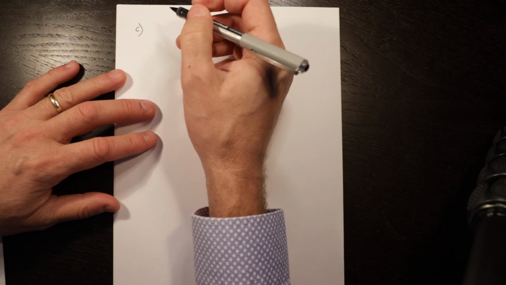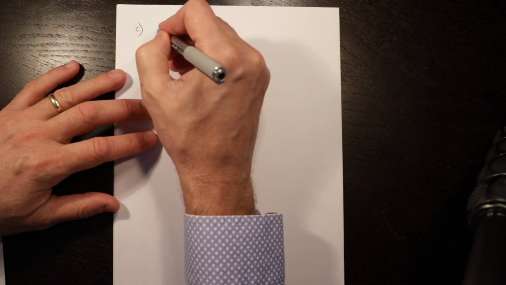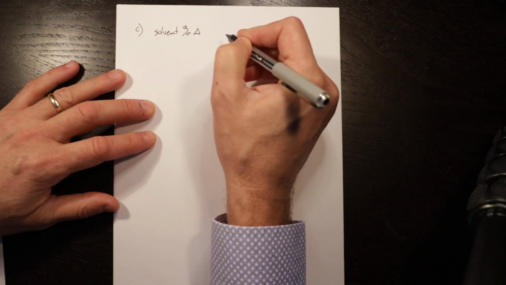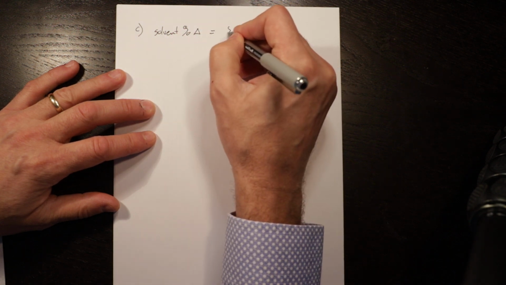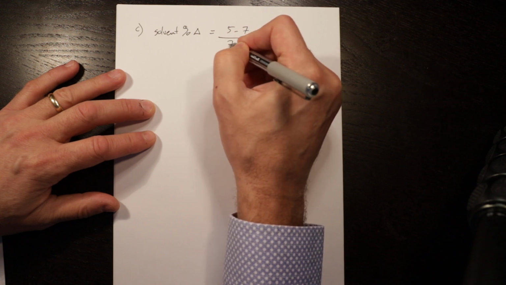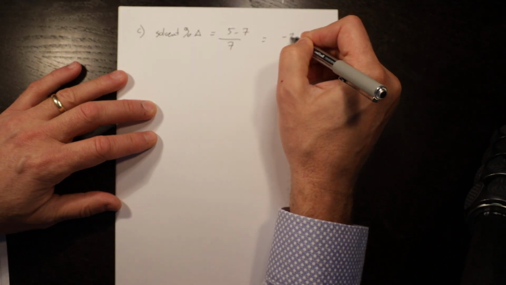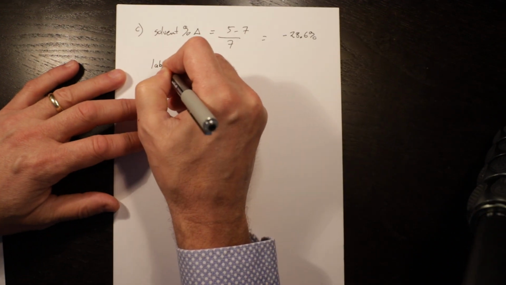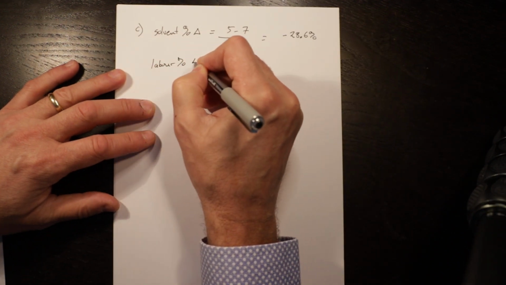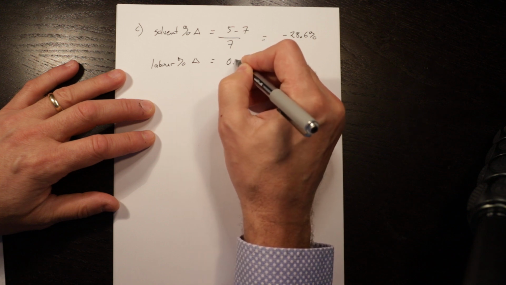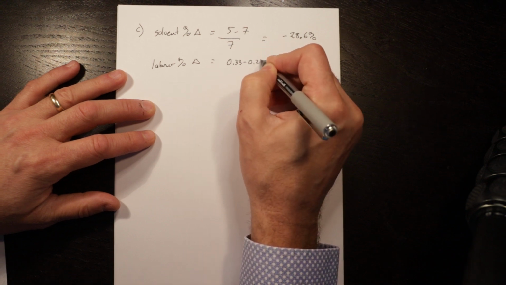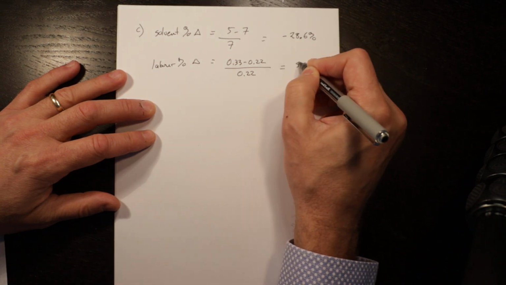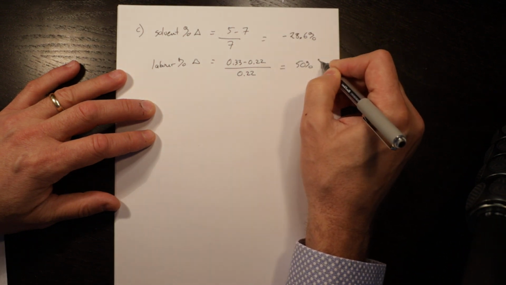But I don't think I wrote this down, but let's do it anyway. Solvent percent change, percent delta is equal to 5 minus 7 over 7 equals negative 28.6%. Labor percent delta is equal to 0.33 minus 0.22 divided by 0.22 is equal to a 50% increase.